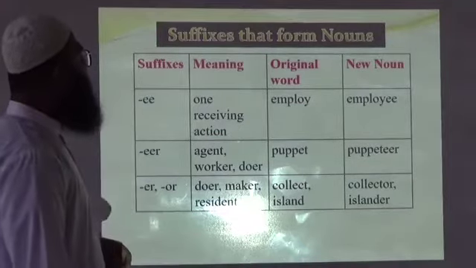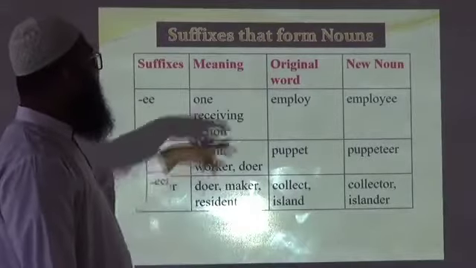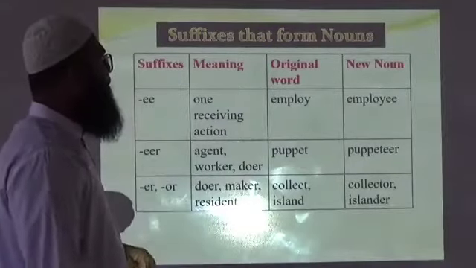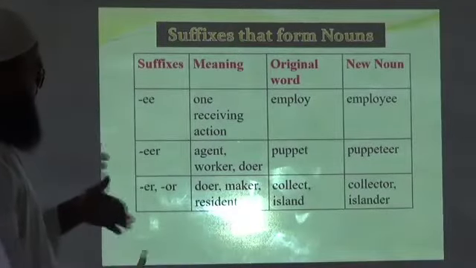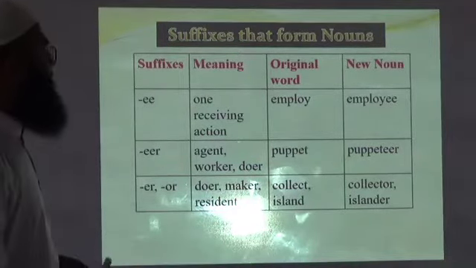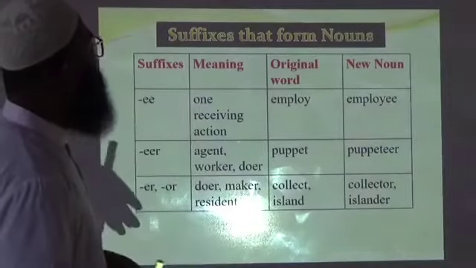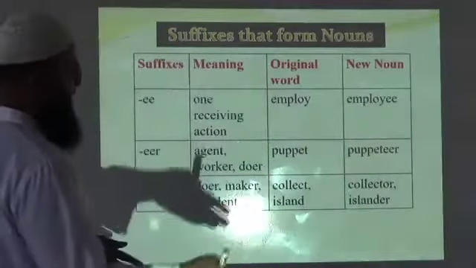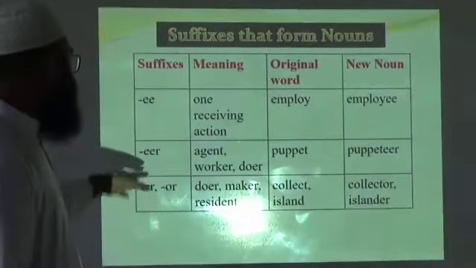EE, one receiving action. Employee, double E adding up. Employ, নিয়োগ করা. And employee means কর্মচারী, through whom we get the action, we take work.